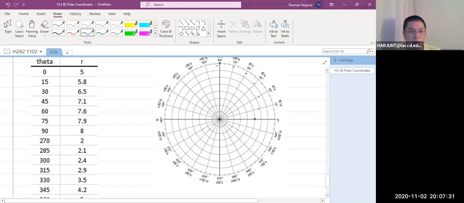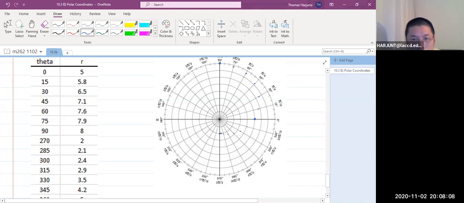90 degrees is 8. At 270 degrees, it's 2. 285 degrees, 2.1. So it just increased a very little bit. 300 degrees, 2.4. 315 degrees, 2.9. 330 degrees, 3.5. 345 degrees, 4.2.